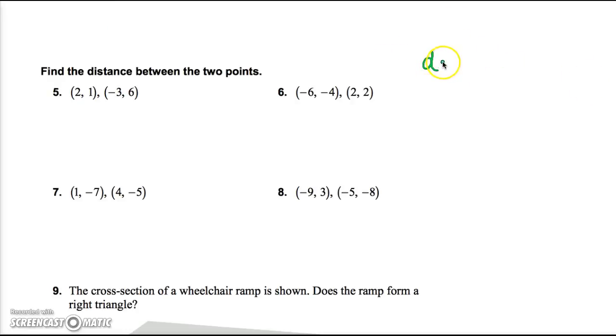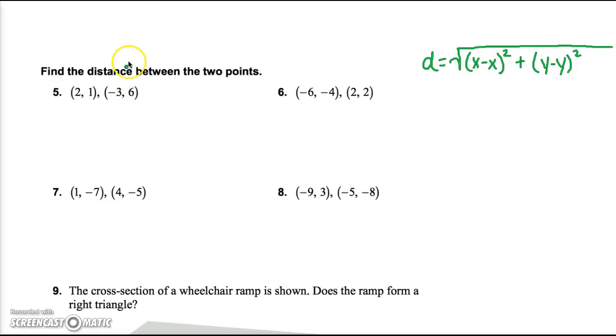The distance between these 2 points is the square root of all of this. First of all, you're going to take your 2 x values and subtract them, square that, plus, then you're going to subtract your 2 y values and square that. Okay, so here's our formula that we're going to use.